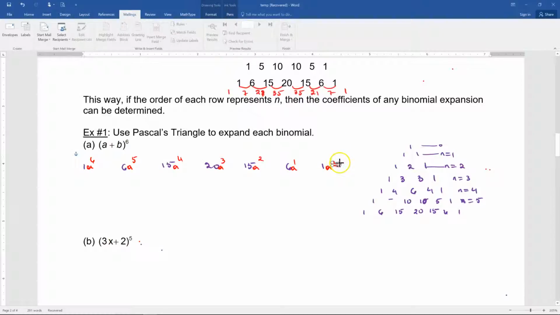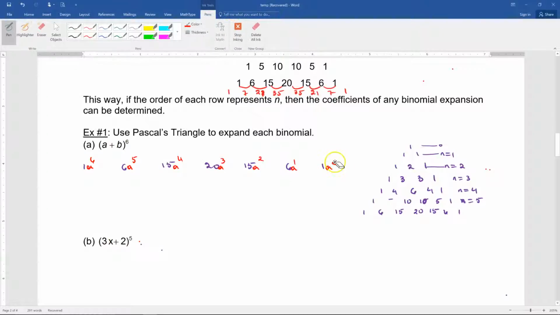And the B's, you're going to start in the opposite order. I'm just doing it to demonstrate. So the B's, it'll be B to the 0, B to the 1, B to the 2, B to the 3, B to the 4, B to the 5, B to the 6. At any given time, if you add up the exponents, they must equal 6. And in the middle, you've got your pluses.